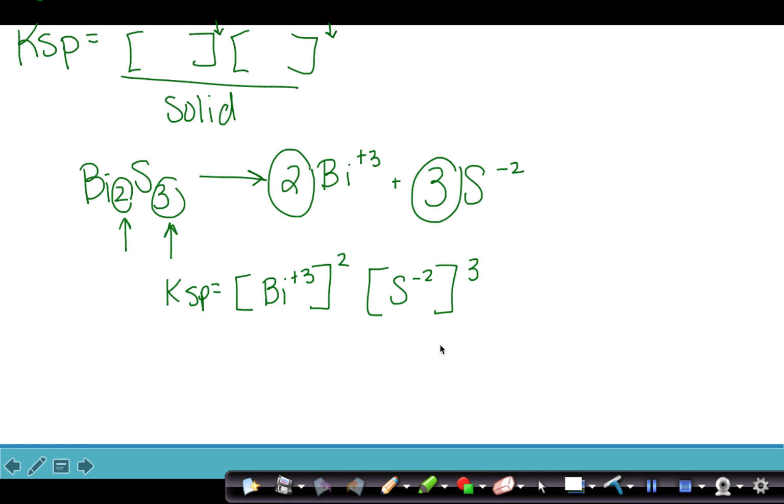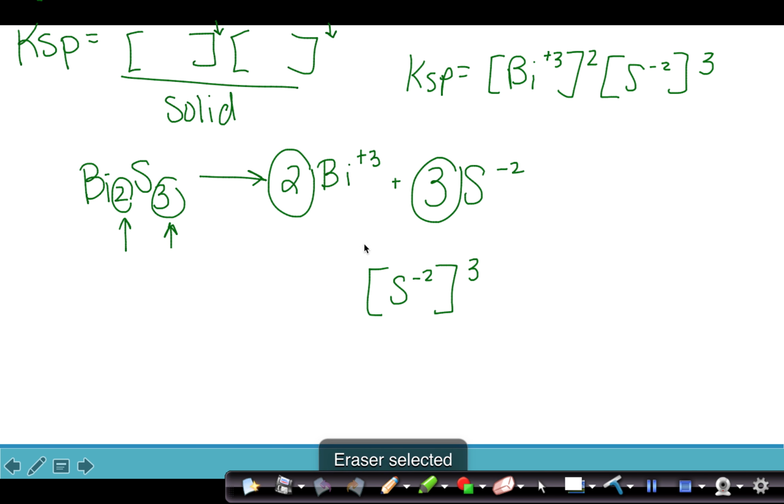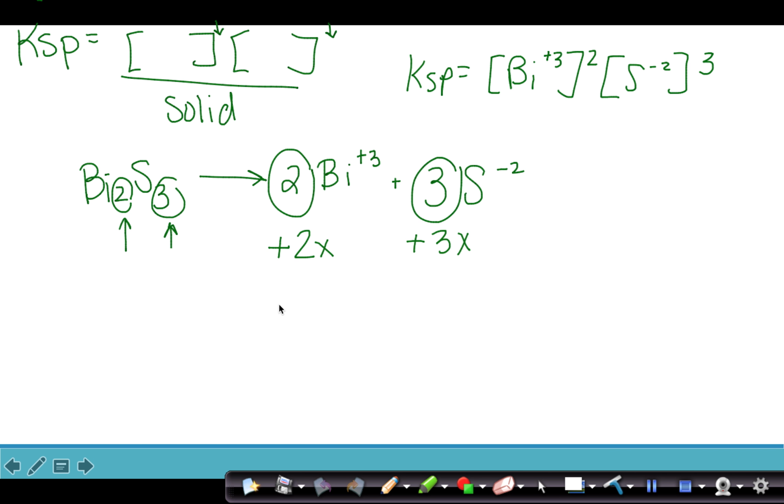We also want to note that when we look at our RICE charts, Ksp equals [Bi+3] squared [S-2] cubed. When we look at our RICE charts, those numbers are also going to be the numbers that go in front of the x's.